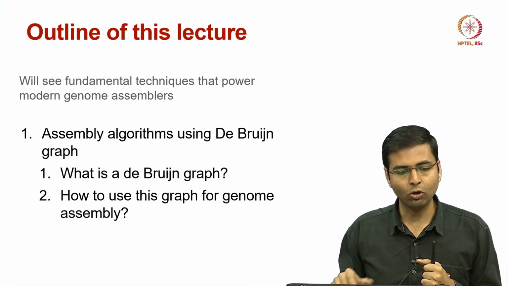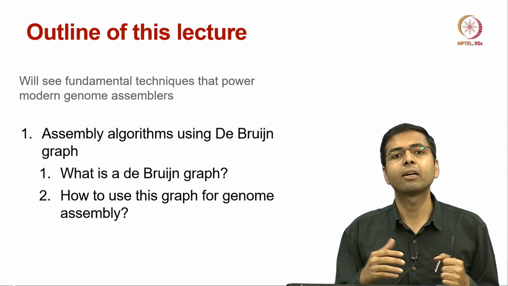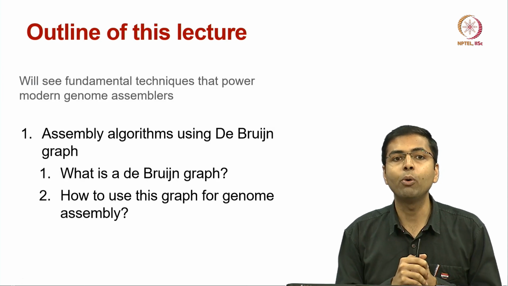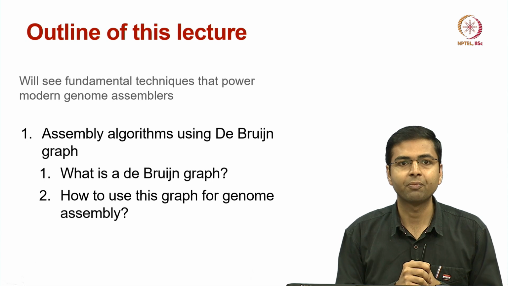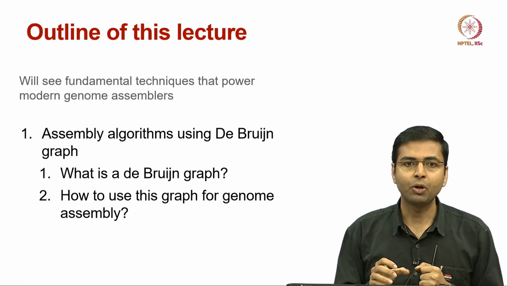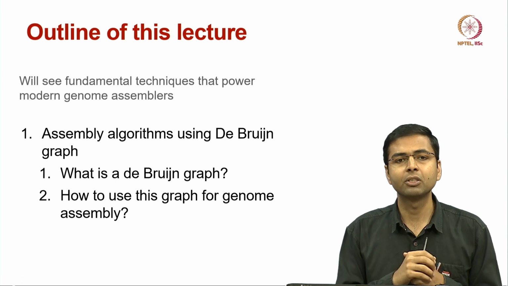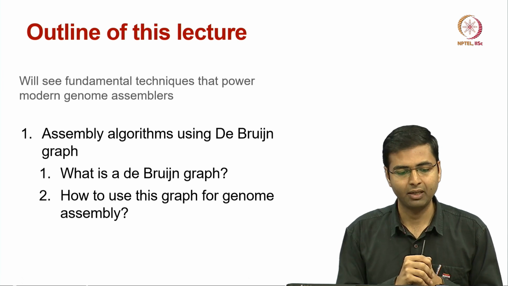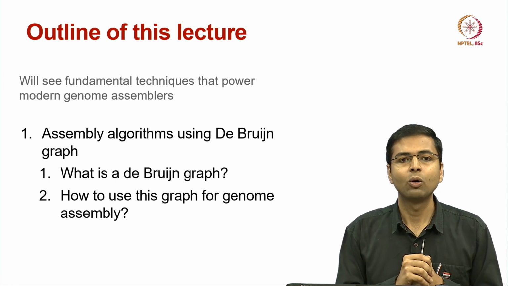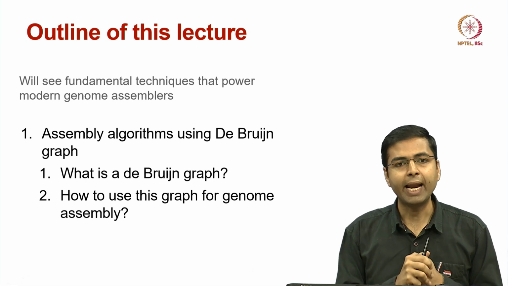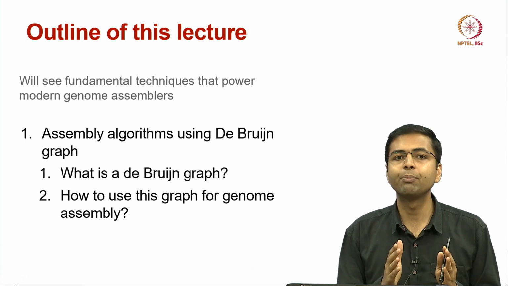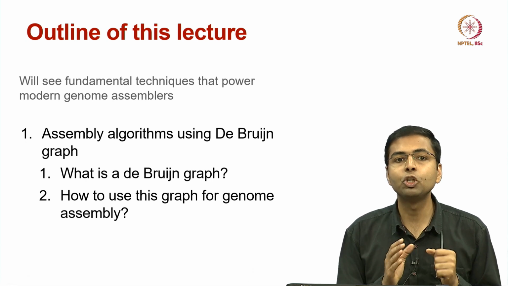But from this lecture onwards, we will look at fundamental techniques that power modern genome assemblers. In particular, the focus of this lecture will be on assembly algorithms using de Bruijn graphs. We will look at what a de Bruijn graph is, and then how we use de Bruijn graphs for genome assembly.